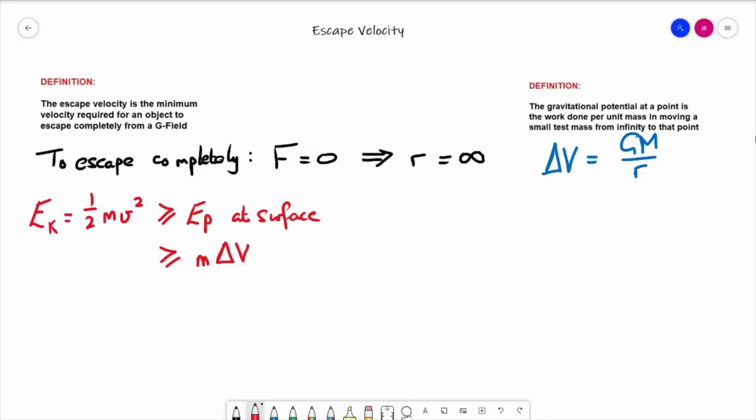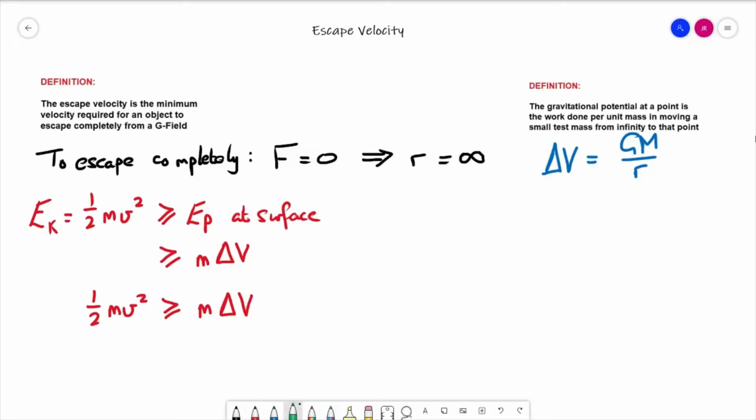So you can now see that we're starting to put an equation together, or actually it's an inequality if we're being more accurate. We're saying that the half mv squared, the kinetic energy, must be greater than or equal to the mass multiplied by the change in potential.